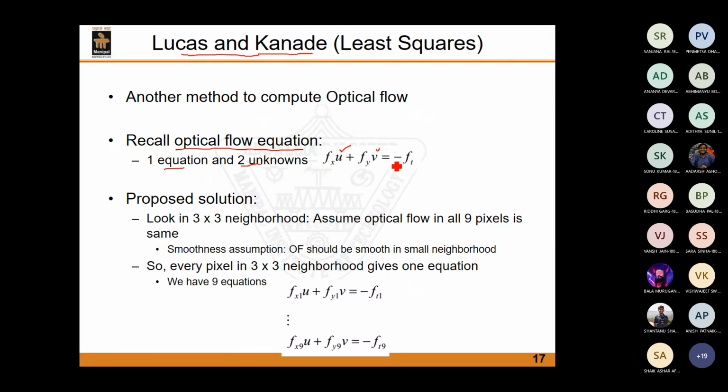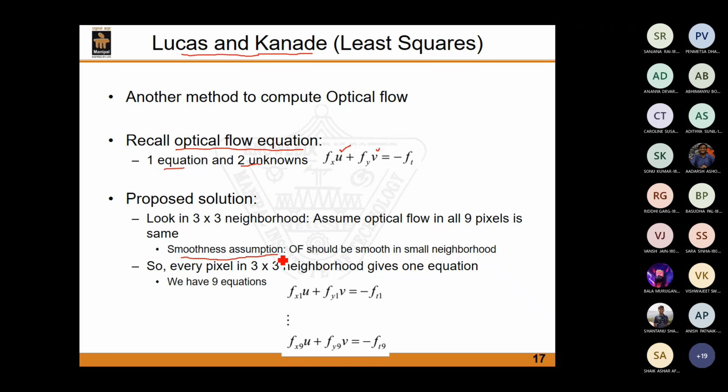Now, in the case of the Lucas and Kanade algorithm, it starts with the same initial equation, one equation and two unknowns. Here we do have the brightness constancy as well as the smoothness assumption, but there is a slight variation in the smoothness assumption.